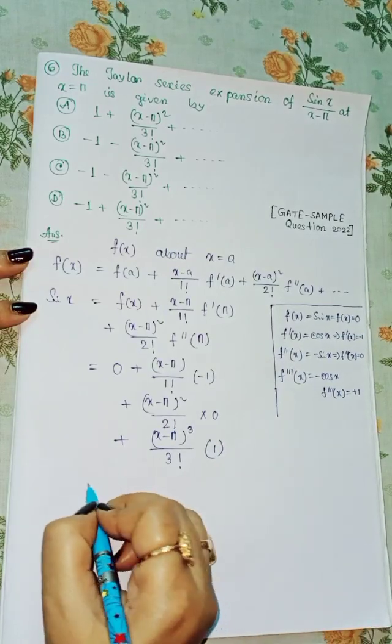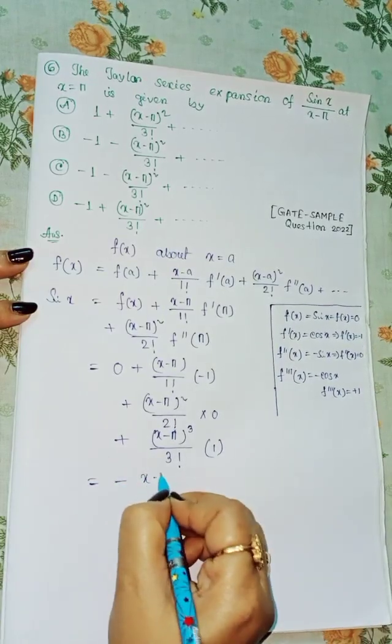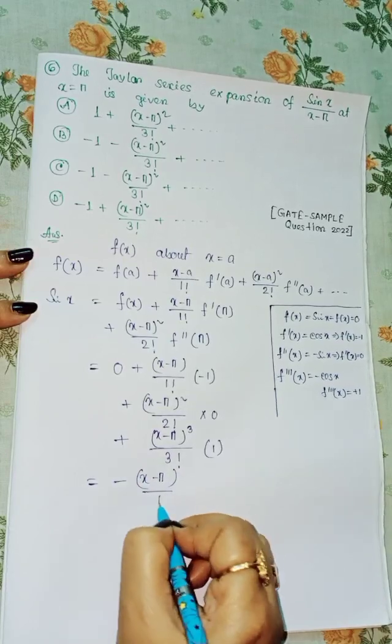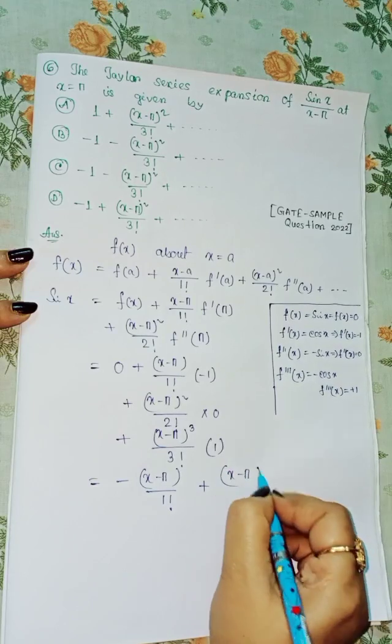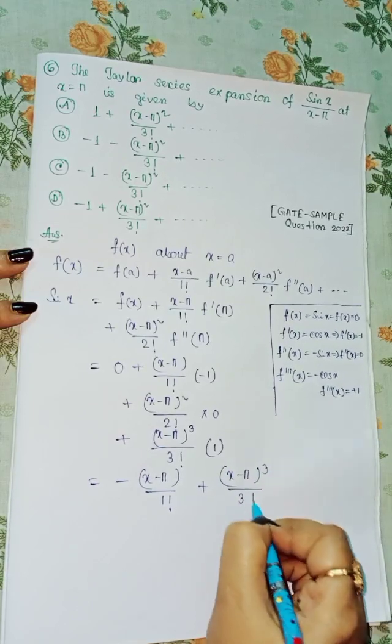So that is equal to minus x minus pi by factorial 1 plus x minus pi whole cube by factorial 3 plus dot dot dot.